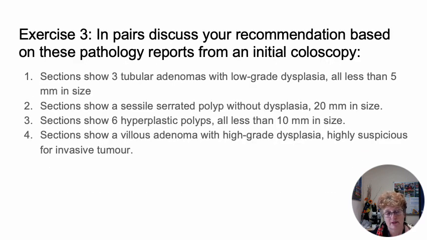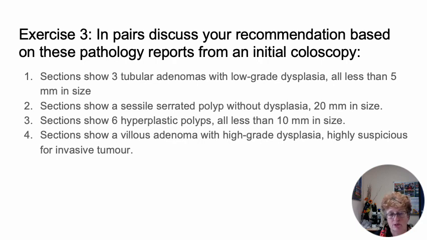Okay, so let's have a think about which category you're going to put each of these people in. This is interpreting the pathology report, right? Sections show 3 tubular adenomas with low-grade dysplasia, all less than 5 millimeters in size. So what you need to do is go back to the table and work out the right answer for this person.